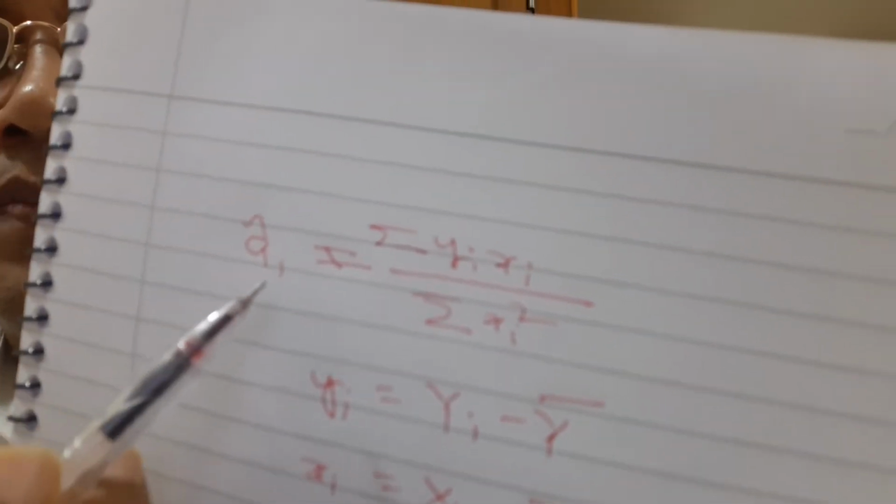So these are in lowercase yi, lowercase xi, and in the denominator summation xi square, where small yi is capital Yi minus y bar, and small xi is capital Xi minus x bar. Okay, so this was the formula for a1 hat, and for a0 hat, which is the intercept, the formula was y bar minus a1 hat x bar.